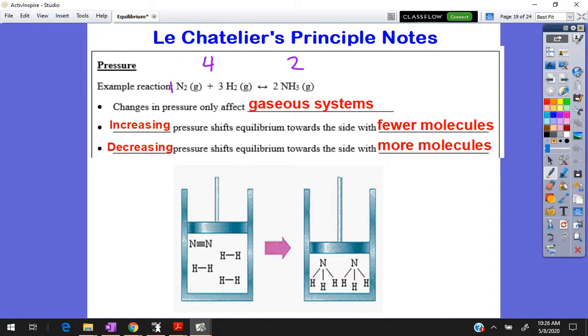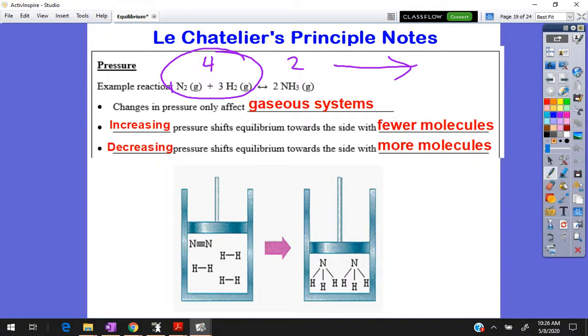Here I've got 2 moles of NH3 on the product side. If I increase the pressure on this system, there will be more collisions with reactants and therefore a shift to the right. Since there are more collisions with reactants, I'm going to form more products as a result. The forward reaction will be favored in this scenario.